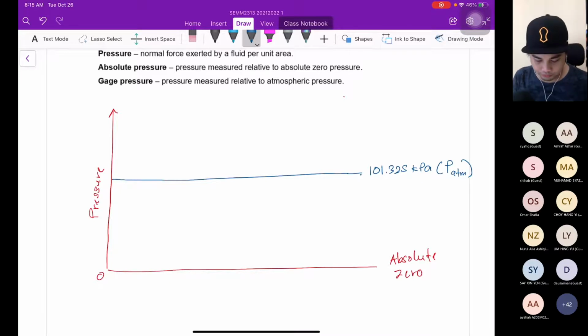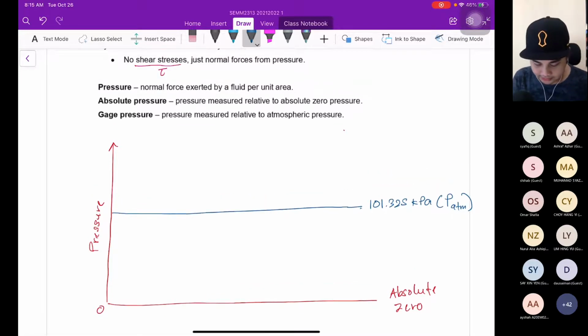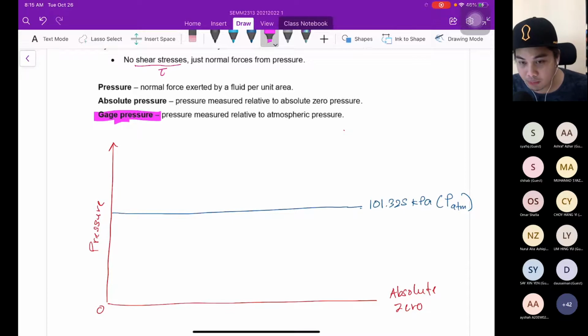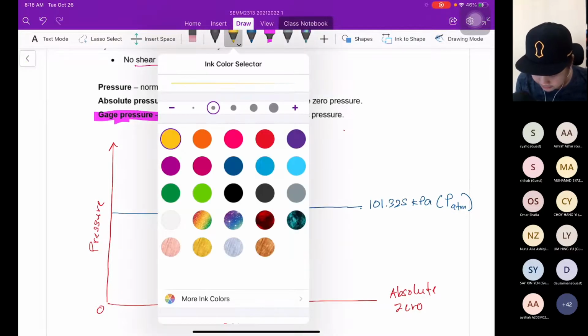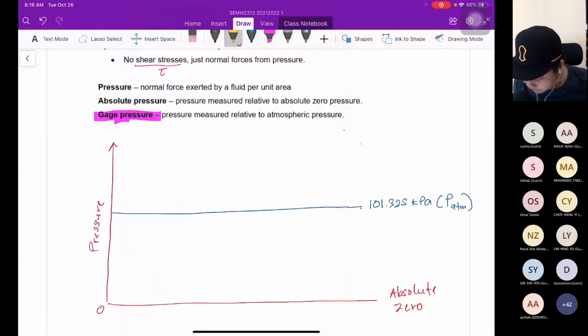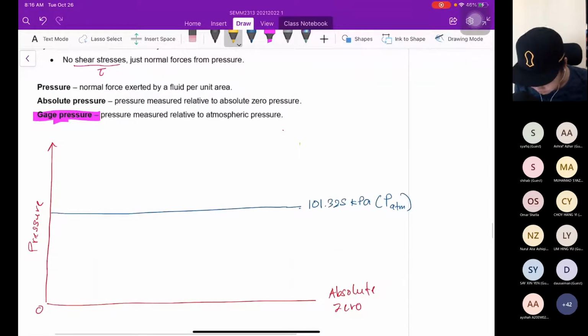For example, the gauge pressure is a pressure measured relative to the atmospheric pressure. That means relative is the point of reference. The point of reference is atmospheric pressure, and this is our point of reference for gauge.